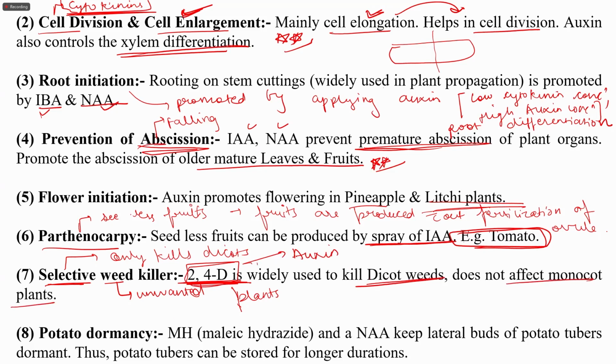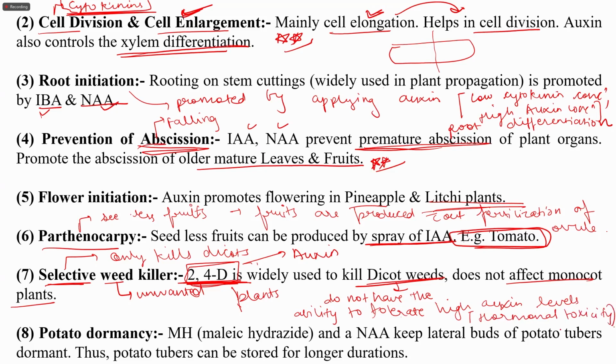So when we apply 2,4-D over the plants, then dicot weeds do not have the ability to throw out auxin, or we can say they do not have the ability to tolerate high auxin levels, causing hormonal toxicity.